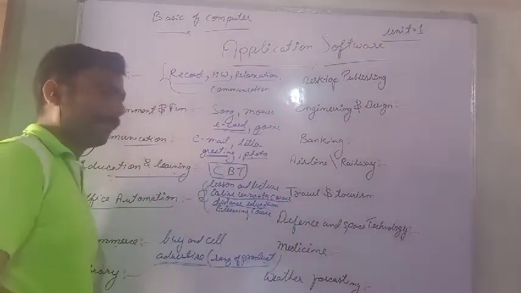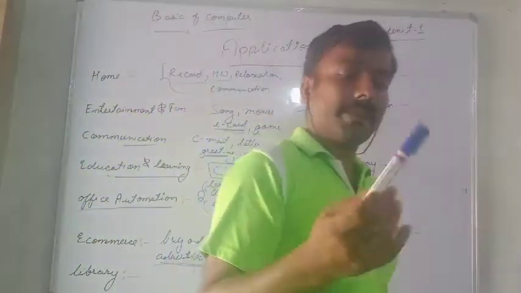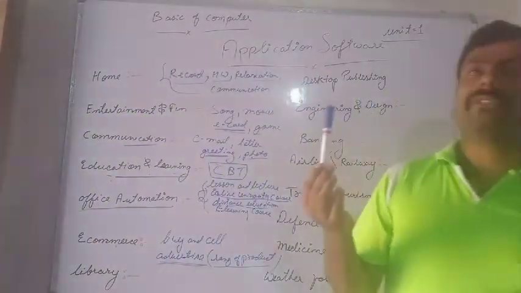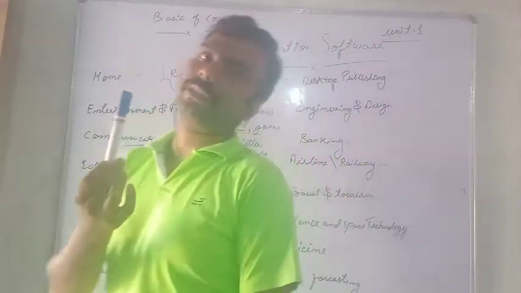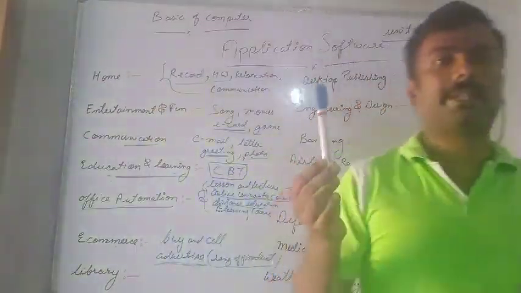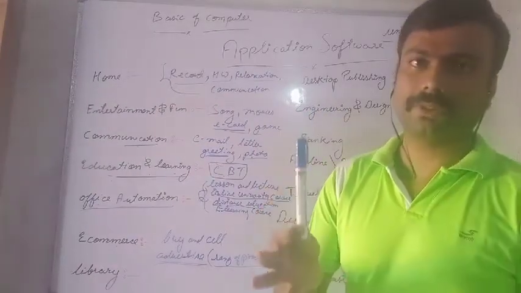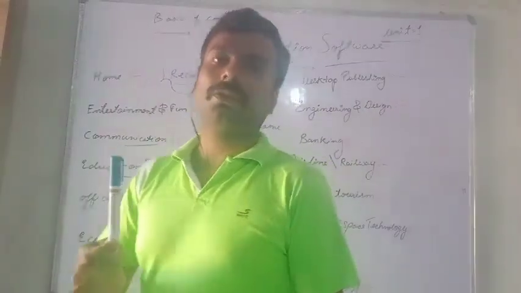One product, like this, is a marker. A marker is prepared and manufactured by different companies. They have given a specific price also. If it is 15 rupees, then not all markers in the world are 15 rupees.